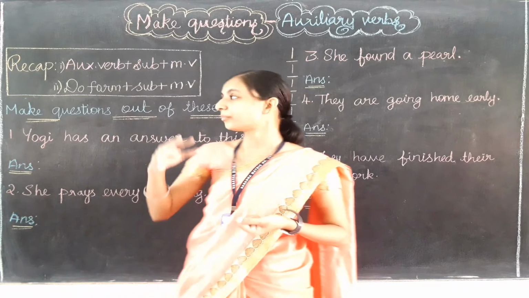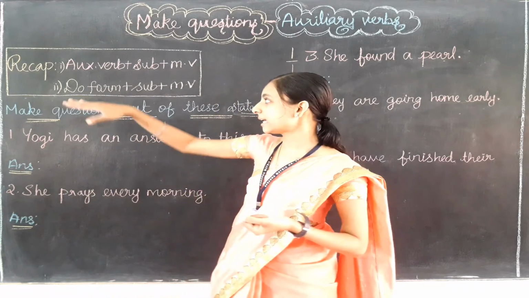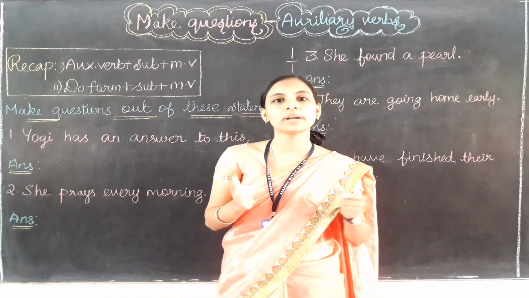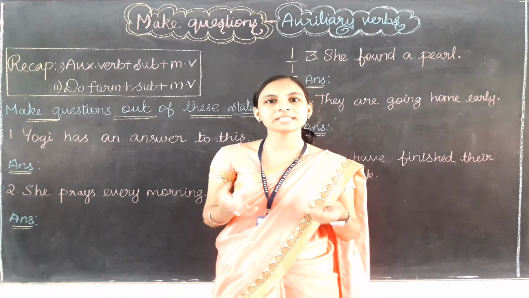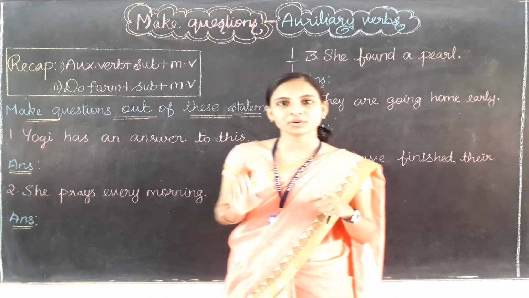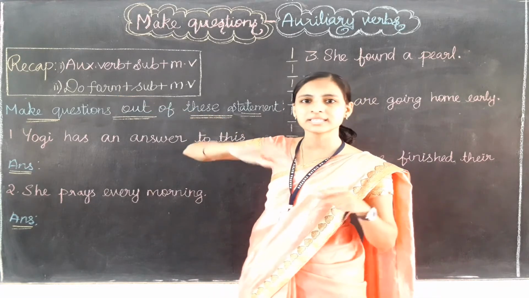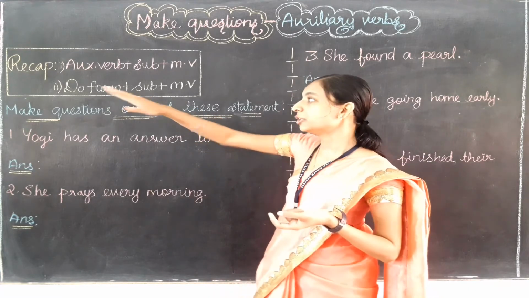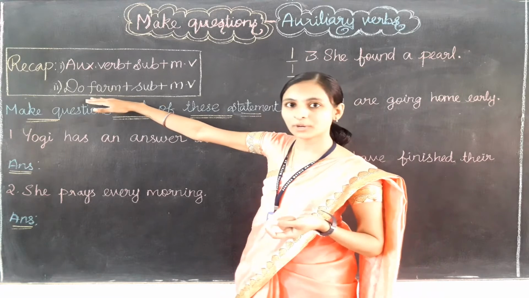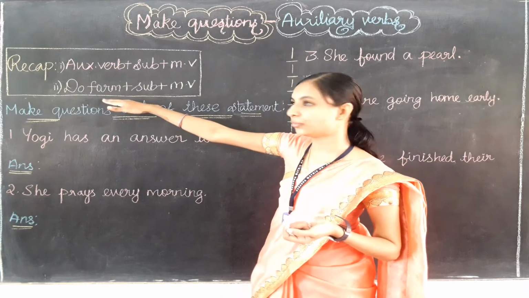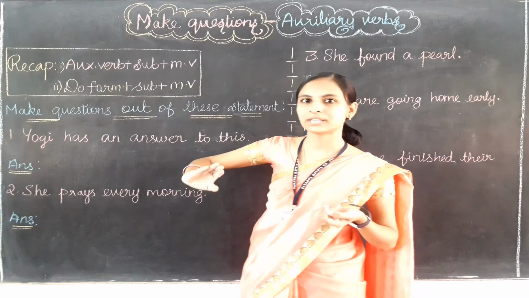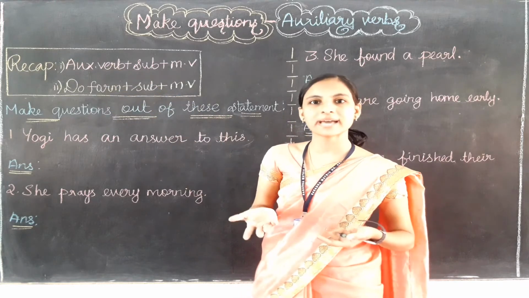The second rule is applicable only to the sentence which has no auxiliary verb. In case it doesn't have an auxiliary verb, you need to use the do form of the verb in place of the auxiliary verb, and all other things will come as they are.